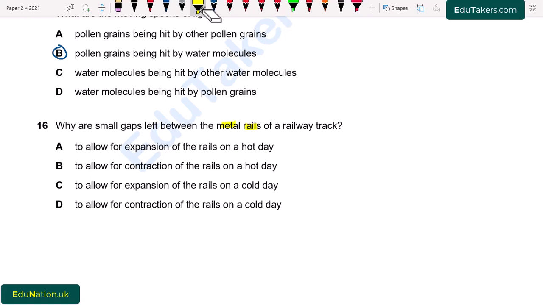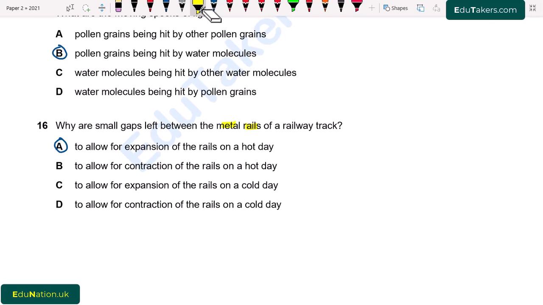B, to allow for contraction of the rails on a hot day. As we know, when we heat anything, there will be expansion. So on a hot day, there will be expansion of the rails, so we keep a gap between the metal rails of the railway track. So here option A is correct.